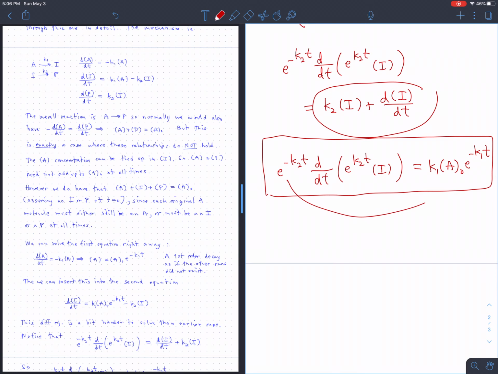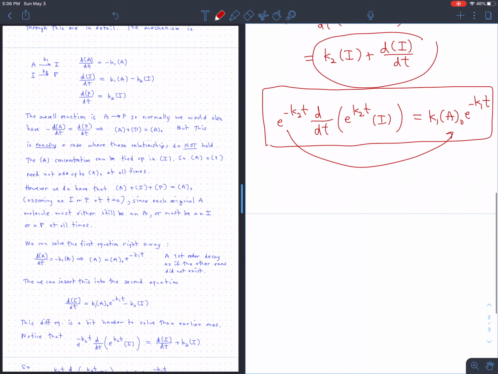If I multiply through by e to the plus K2t, I get d dt of e to the K2t times I is equal to K1 times A0 e to the minus K1 minus K2 times t, sorry.